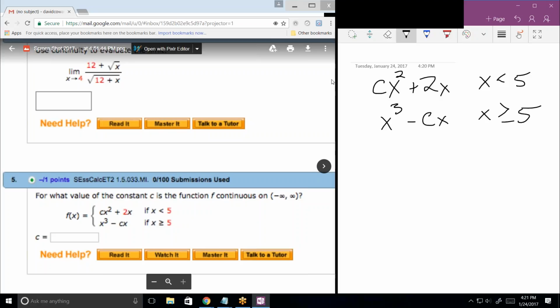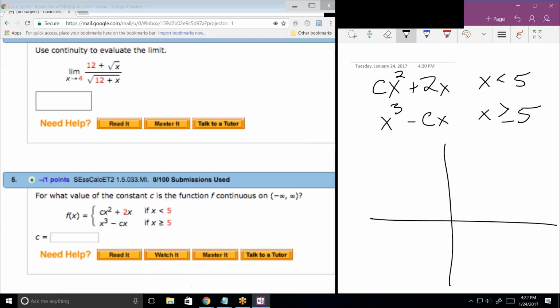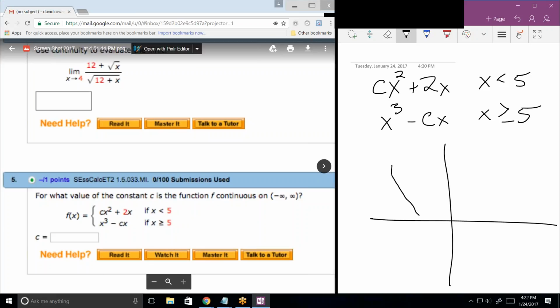However, let me draw a potential function for you. The left thing is a quadratic, so it might look something like that. You with me? Yeah.